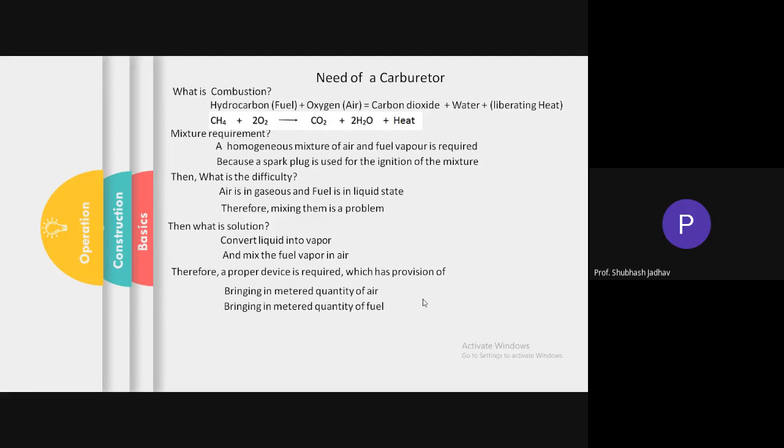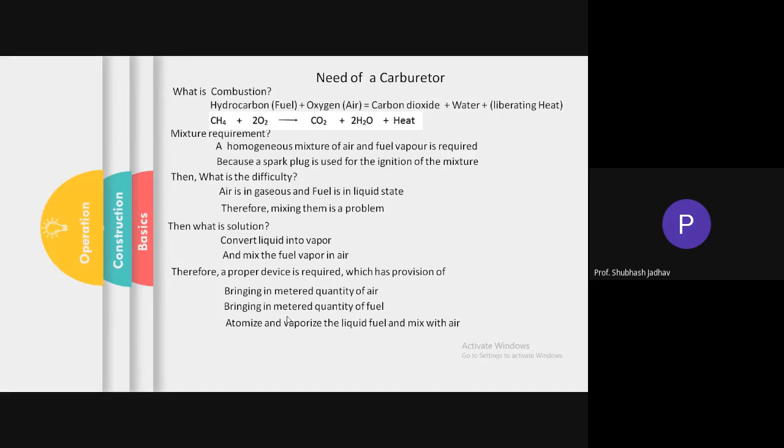So before allowing the air to enter into the carburetor, it has to be measured properly, fuel has to be measured properly, and then we are going to mix it. Now, if you want to mix it, then as mentioned earlier, we have to convert it into vapor, and in order to convert into vapor, we are going to atomize it. Okay, fuel is going to be atomized.